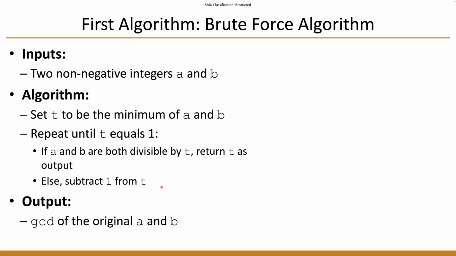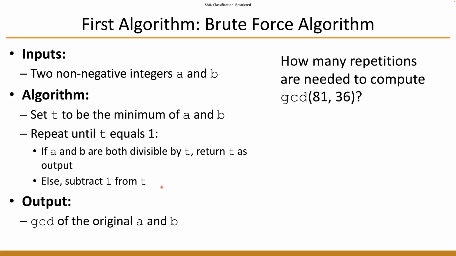Even in the case where A and B are prime to each other, we should still be able to terminate the algorithm, because the smallest possible GCD in that case will be 1. So with this very simple check, you will note that this is a very precise algorithm. You can implement it, and you know that given enough time, eventually this algorithm will come to a stop, and you are guaranteed the correct answer, which is the greatest common divisor.